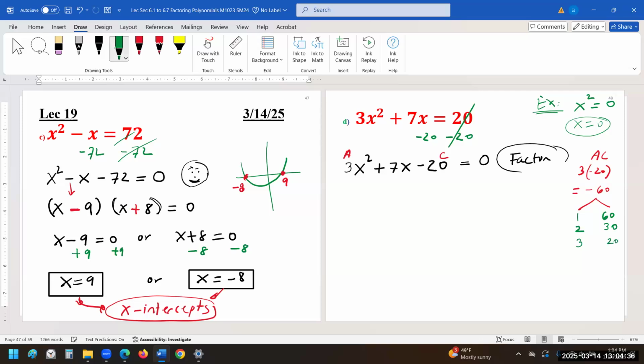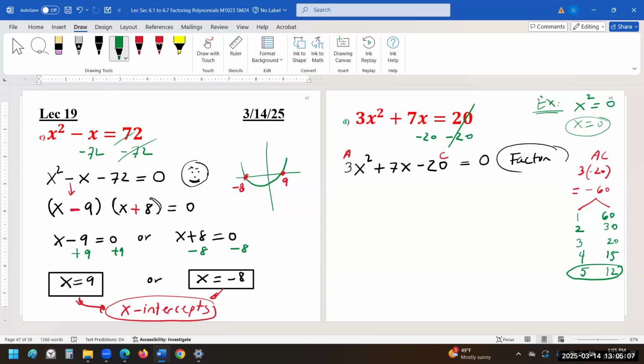Do you get 7 from them? 4 goes to 60? 15. Do you get 7 from 15 and 4? 5 goes to 60? 12. Can you get 7 from 5 and 12? Yes. So if you don't know what factors to use, keep trying them until you get what you want.